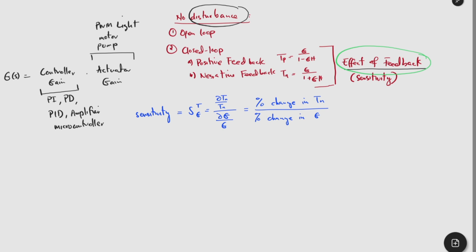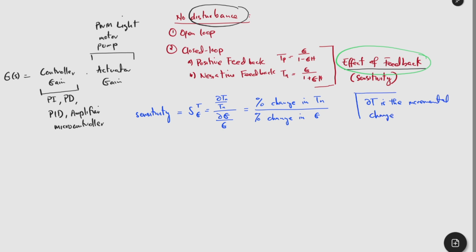Now this will give us a sensitivity computation of the overall system, showing how sensitive it is in terms of the change in the transfer function and the open loop gain. And we can see that the differential change is the incremental change.